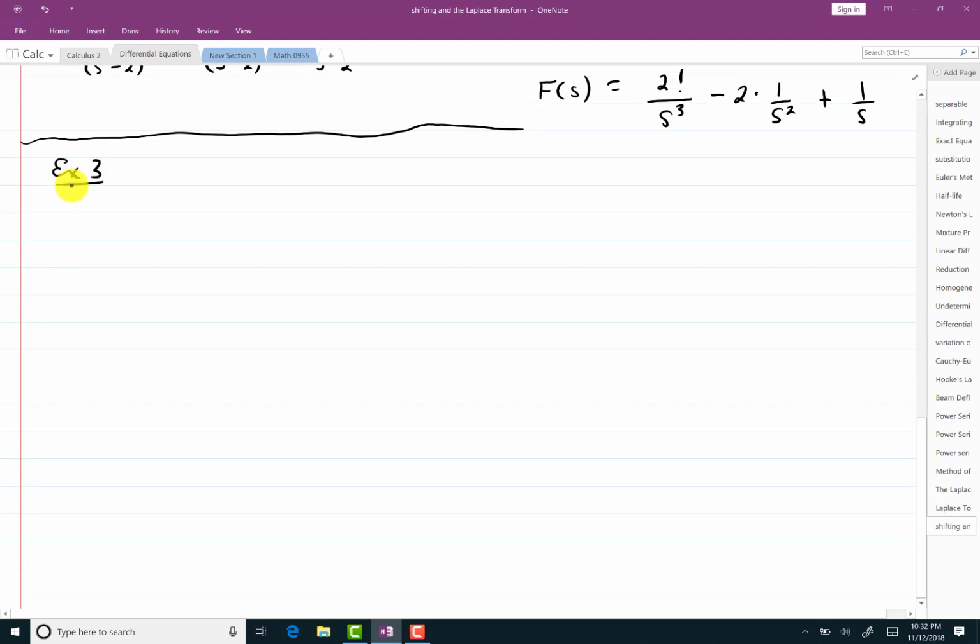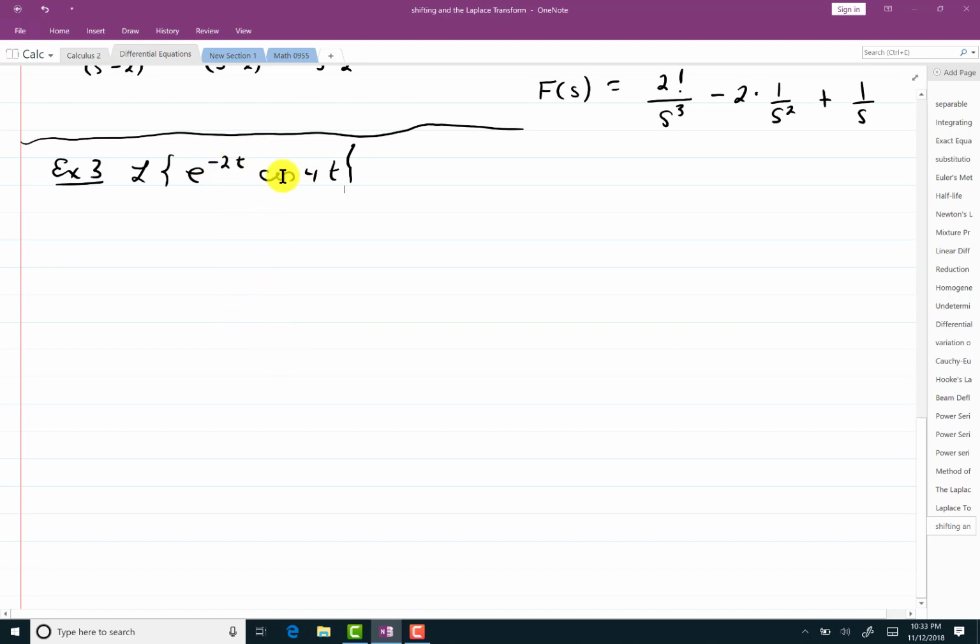For my next example, let's do the Laplace transform of e to the negative 2t cosine of 4t. Now on these, you're not shifting to the right by 2, but you're shifting to the left 2 units. So you'll have an f of s plus 2 as part of this problem.